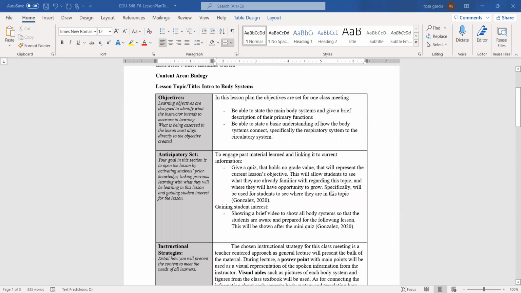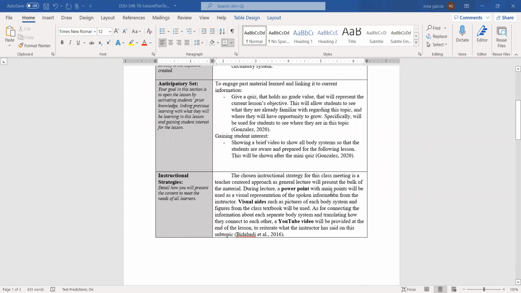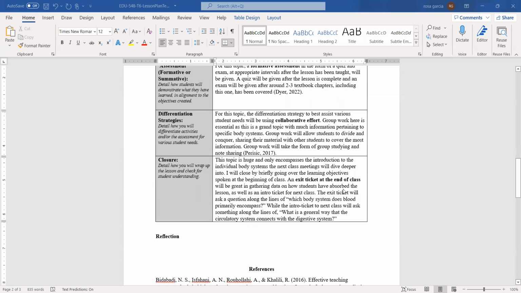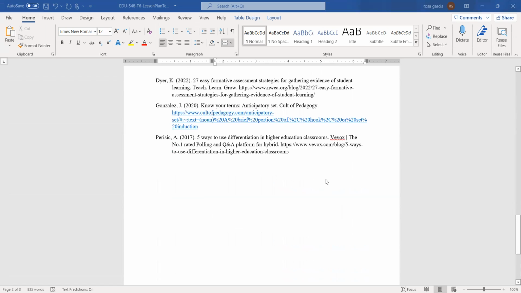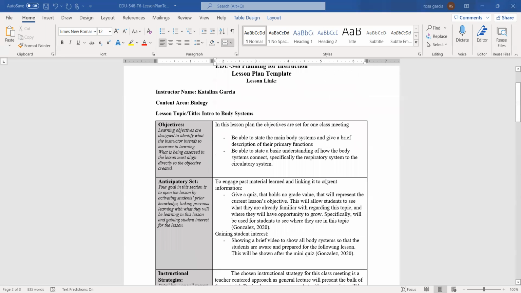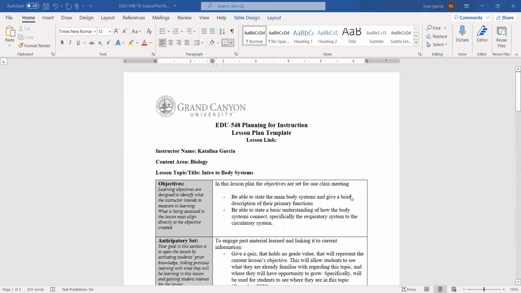And so those little checkpoints of asking questions, more so rhetorical questions throughout the lesson, having those visual aids, having the YouTube aids, as well as closing up with the sentiment of reiterating the learning objectives for this lesson, as well as giving those exit and intro tickets for the next class will be my main strategy for speaking about this topic.